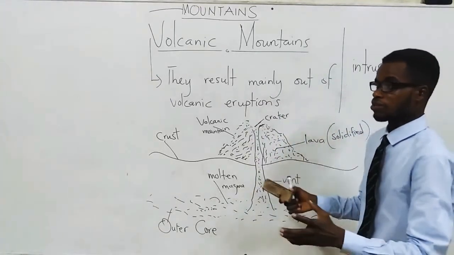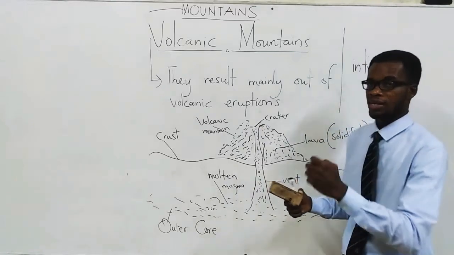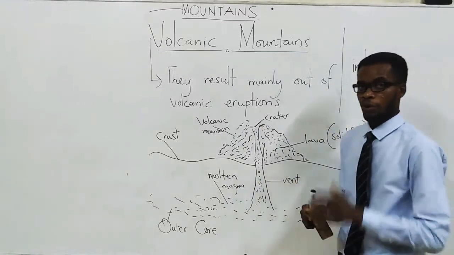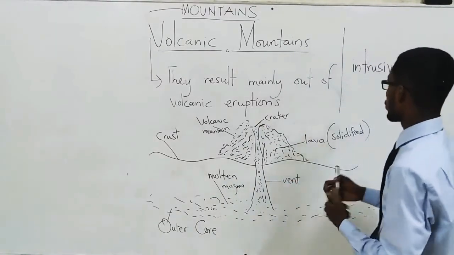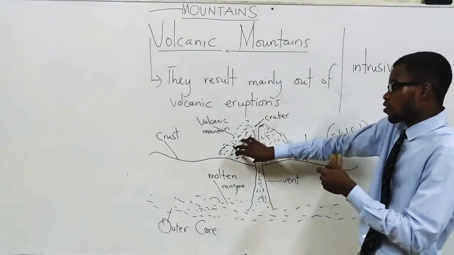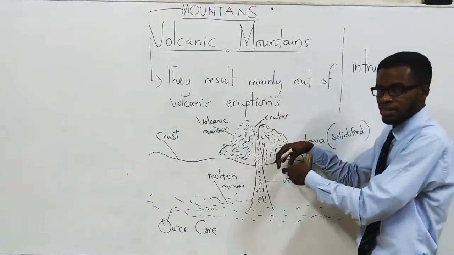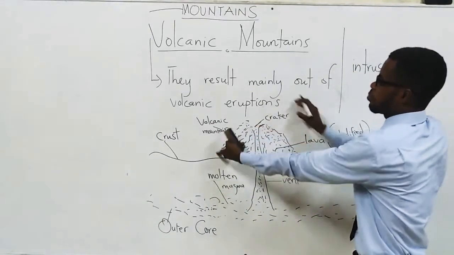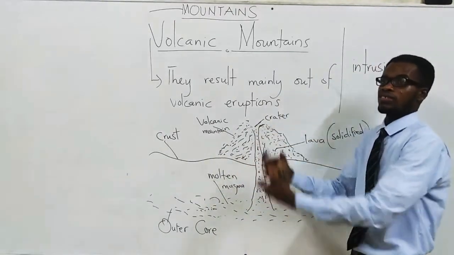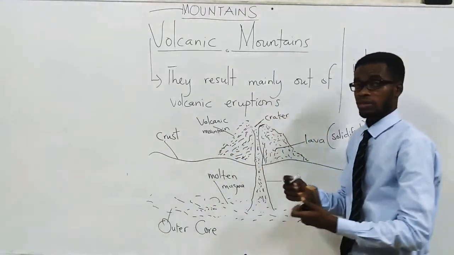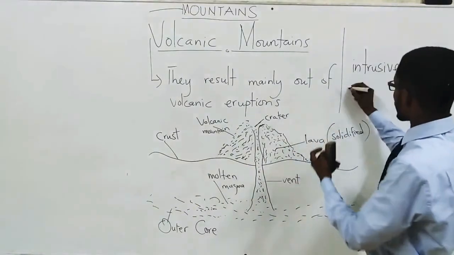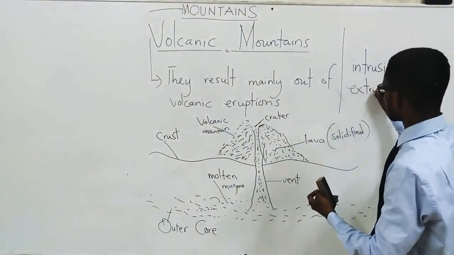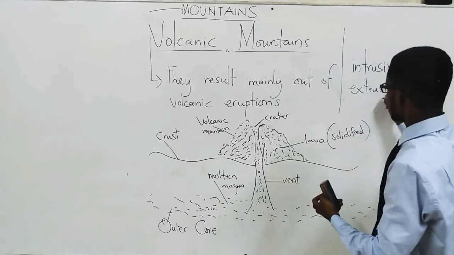So possibly we could have very hard rock. Those ones become the intrusive ones, the ones that stay within and do not appear. The ones that appear on the surface that we can see with our physical eye become the extrusive igneous rock.